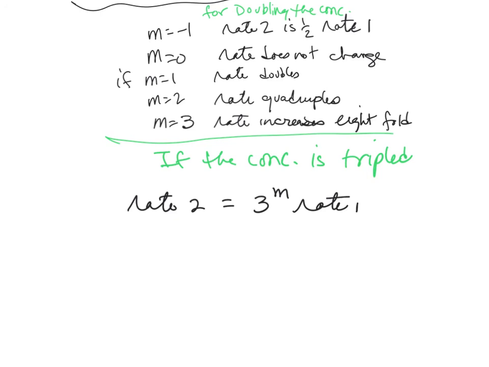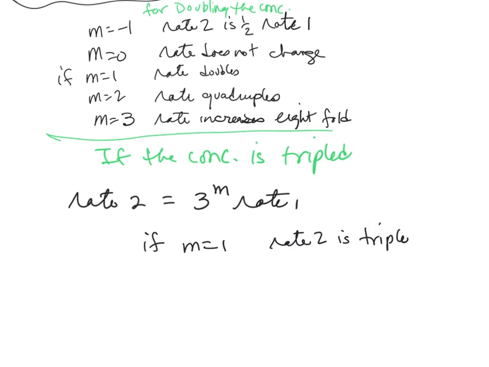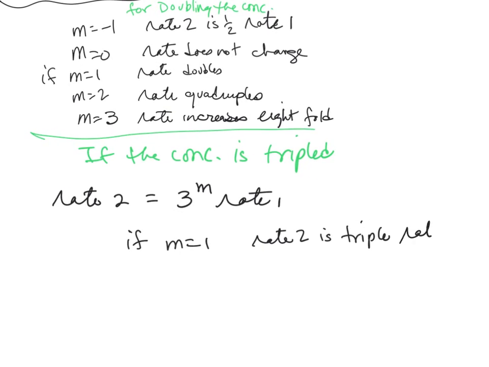So then, if m is equal to 1, then rate 2 would be triple rate 1. So it'd be 3 times larger than the rate for the first experiment.